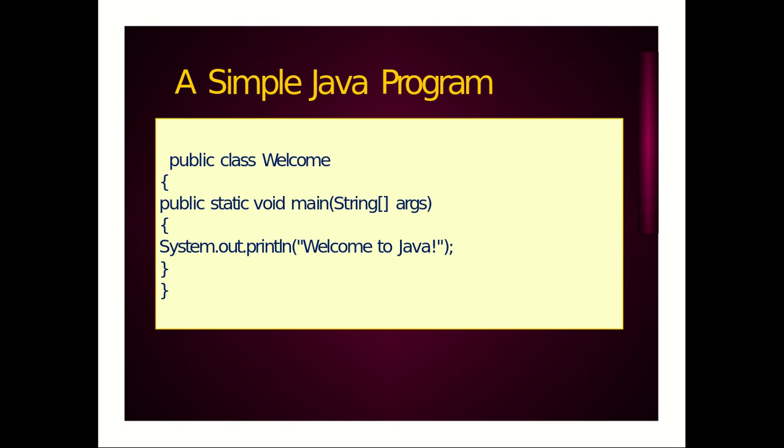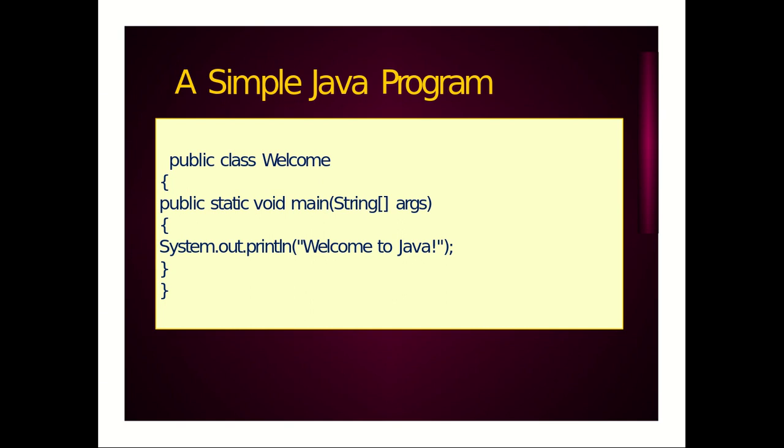The public class Welcome, then we define the main method, public static void main String args, along with the statement System.out.println. Here public is an access specifier. We want to use this class publicly, so we define this class with the public specifier. Class is a keyword used to define the class, and then we give the name to the class, Welcome. It is a valid identifier for a Java class.